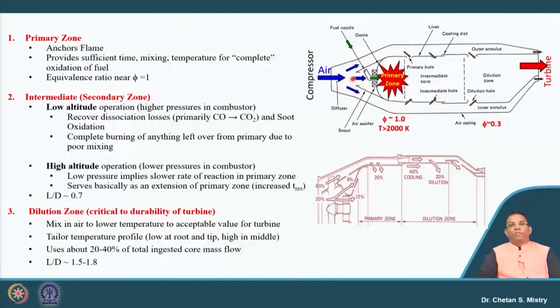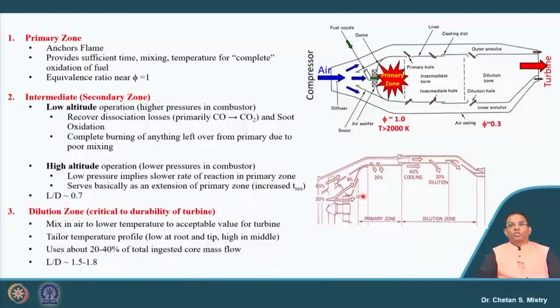At the entry of the combustor, the Mach number will be in the range of 0.25 to 0.35. Here we have the swirler and the fuel injector, from where the fuel will be injected, and this initial range is called the primary zone. The next zone is called the intermediate zone, and the next is called the dilution zone.